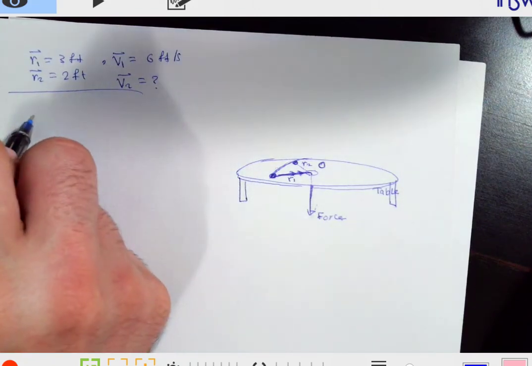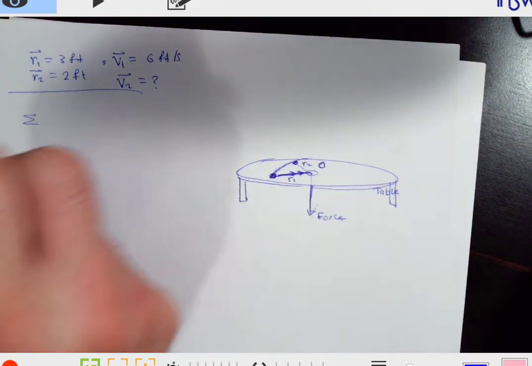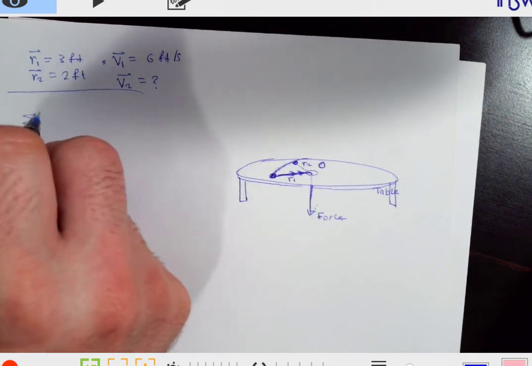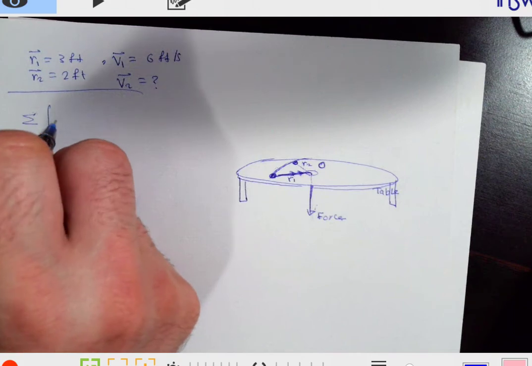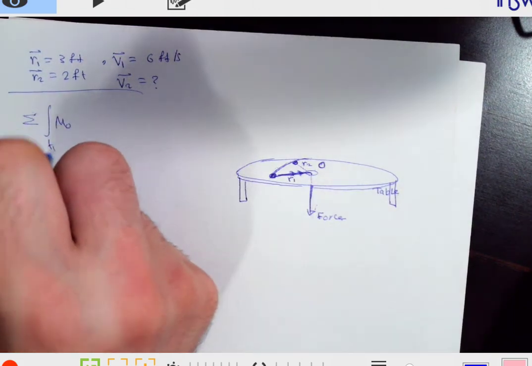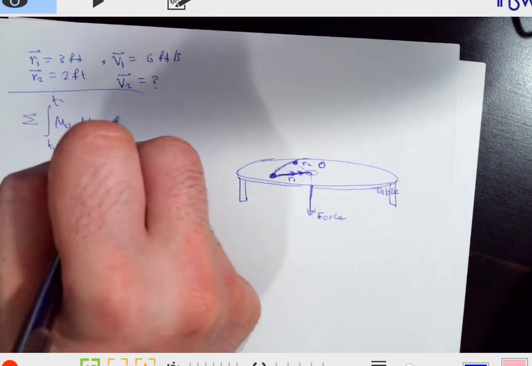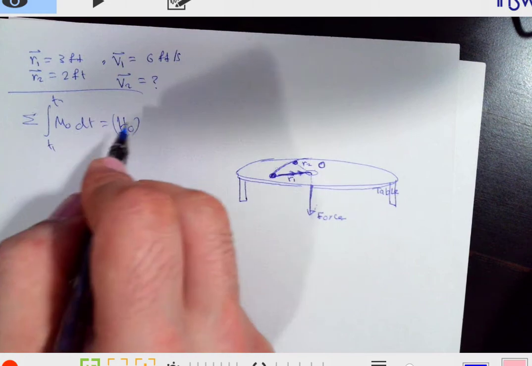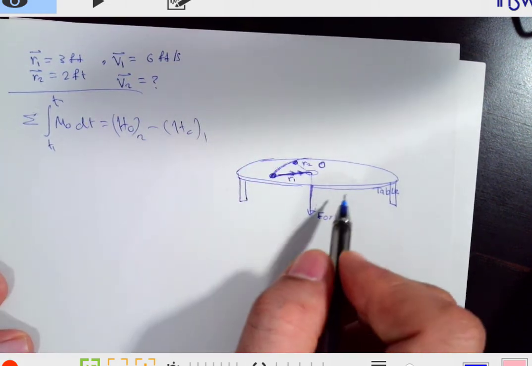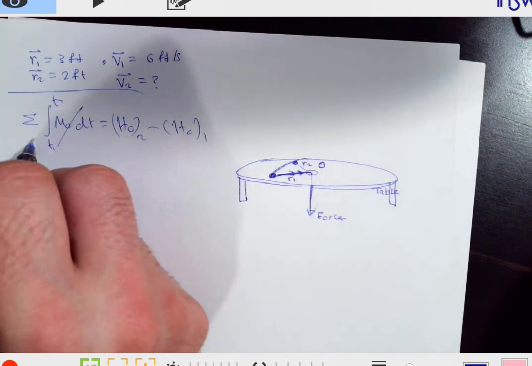Okay, and since we are only having one particle, I can say the summation of the moment from t1 to t2 dt equals the angular momentum change about O. The moment of this force is going to be 0.